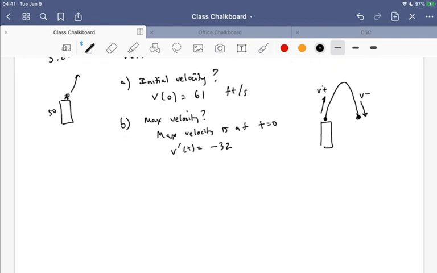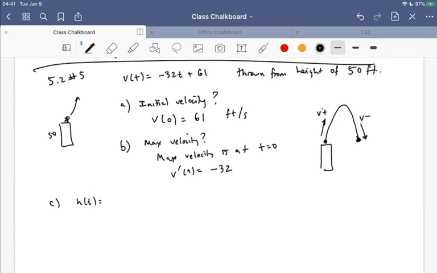So maximum displacement. To talk about displacement, we need to know the position function, or the height function. And that's going to be the antiderivative of the velocity, right? So if we went from position function to velocity by taking a derivative, we go the other way by taking an antiderivative, and it would be negative 32t squared over 2 plus 61t plus the initial height, which was given to be 50.